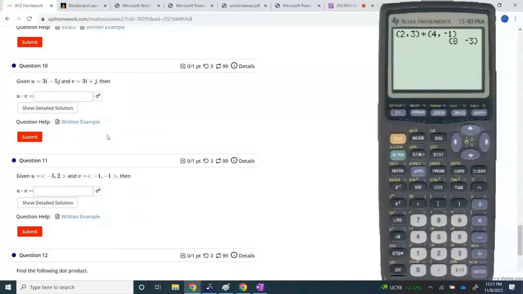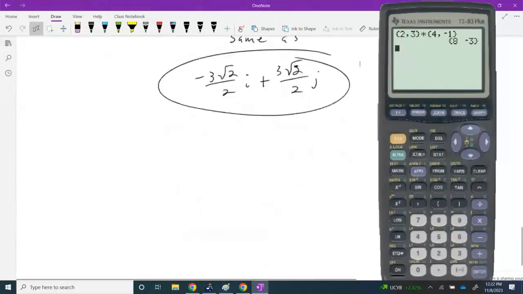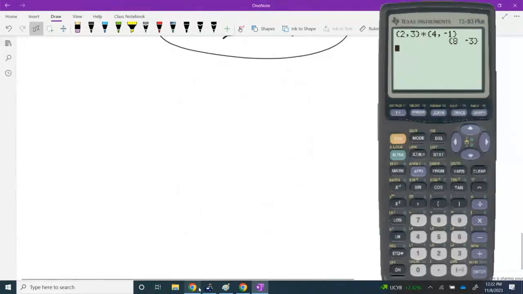It says given that U is equal to 3i minus 5j and B is equal to 3i plus j, we want to find the dot product for U times B. So U is equal to 3i minus 5j. B is equal to 3i plus j. And we want to find the dot product. This is number 10.